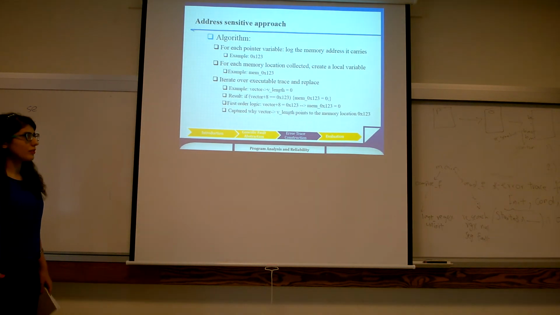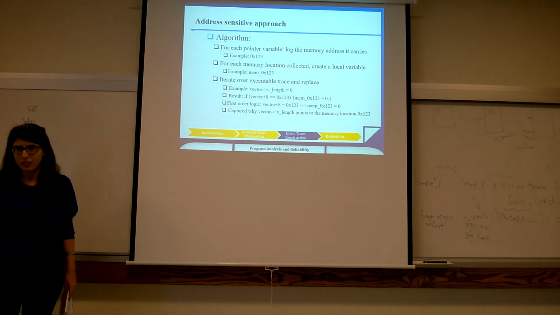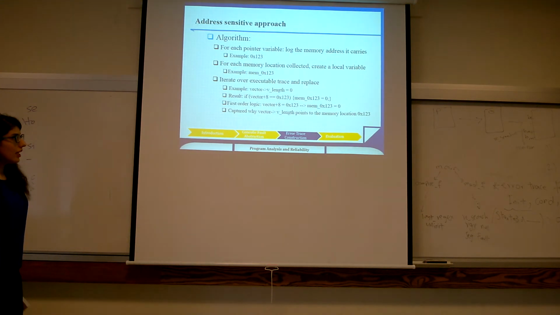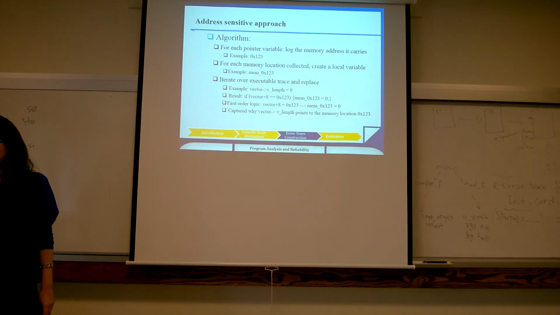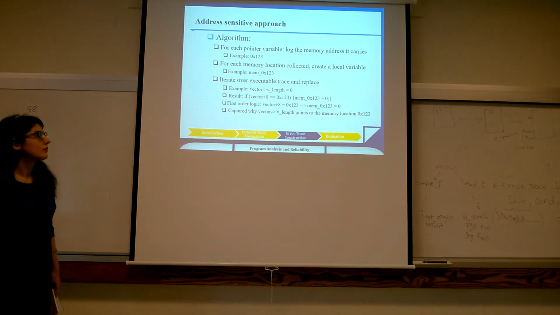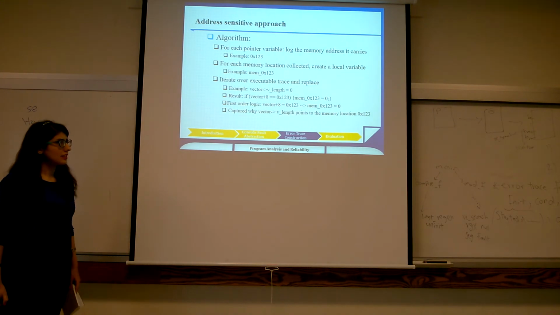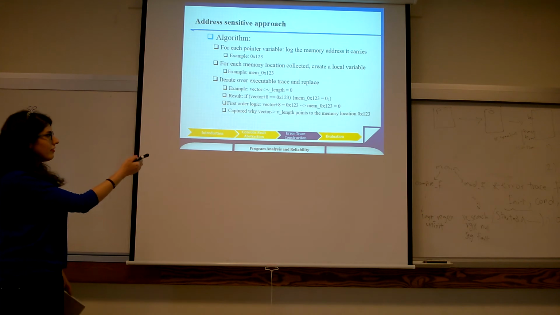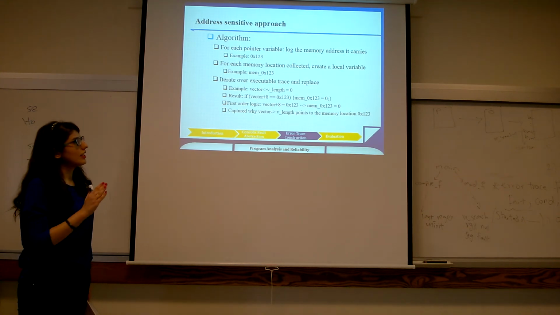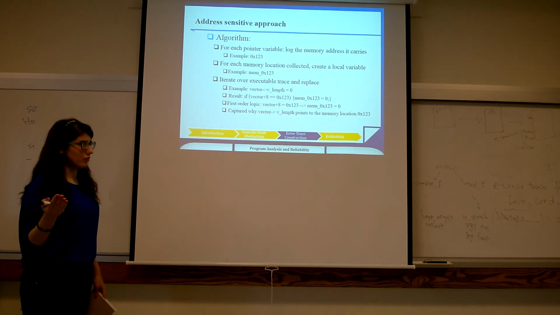So SMT wouldn't reason about it and wouldn't capture it in the results that it is giving back to us in the error invariants, right? It's just like we saw with DART, right? When you take the true branch of something, you add that condition to your path condition. That's all it's doing. So at the end we see we captured that vector.vlength pointed to the memory location 1 to 3.